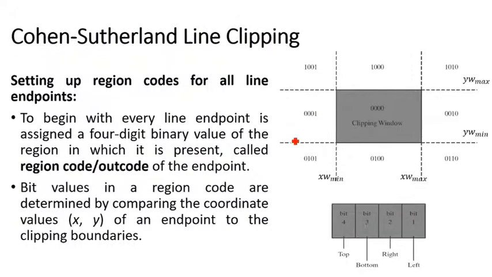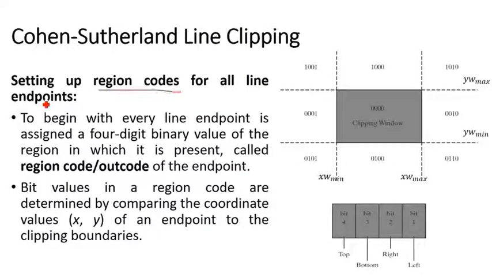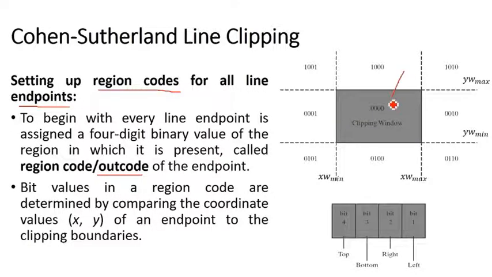So moving forward, the next step in the Cohen Sutherland line clipping algorithm is we set region codes for all line endpoints, or we also call them outcodes. Consider I have a line like this. I take an endpoint over here and assign it something called an outcode. The outcode of this point is the same as the region code of where it is residing.